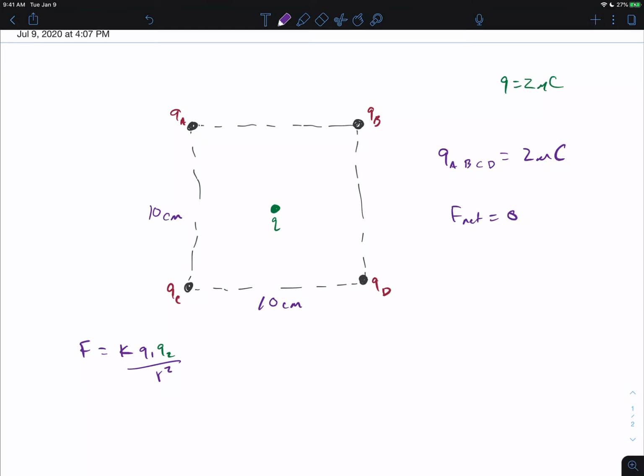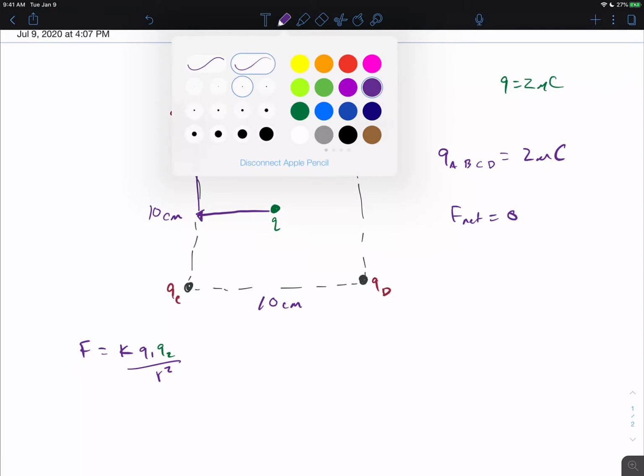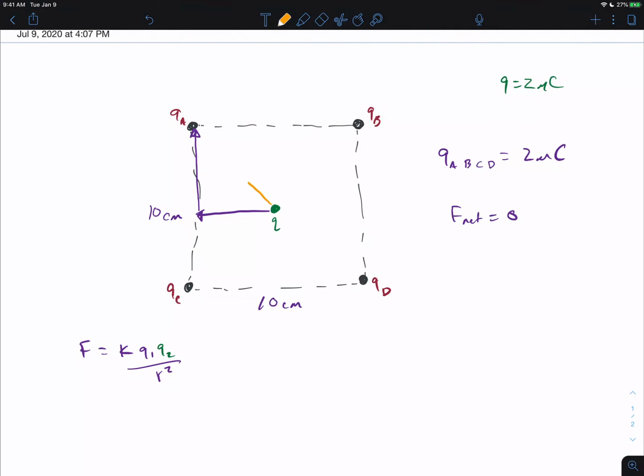Let's say I want the distance to QA from Q. So I need some horizontal distance, right? And then I also need some vertical distance right here. And when I put these two together, they will give me my hypotenuse. All I need to do is use the Pythagorean theorem to find the distance from the center to the corner, right?